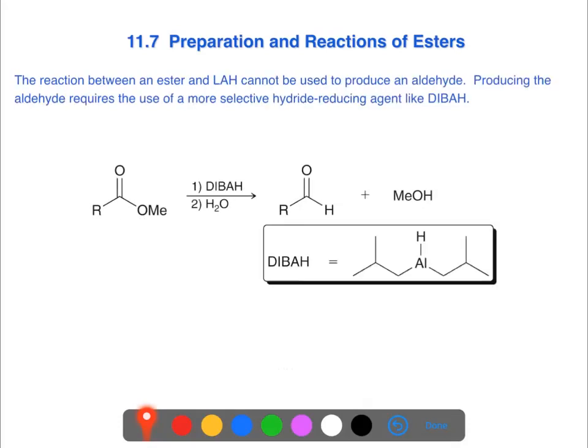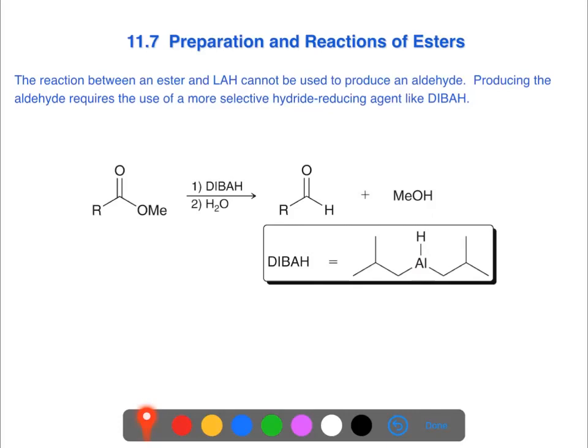Now, if we wish to reduce the ester to the aldehyde, but not react the aldehyde further to the alcohol, we need to use a more selective hydride reducing agent. And this is going to be the last new reagent of the course. It's referred to as diisobutyl aluminum hydride. And similar to the lithium tri-tert-butoxy aluminum hydride, we have bulky groups surrounding that aluminum center.